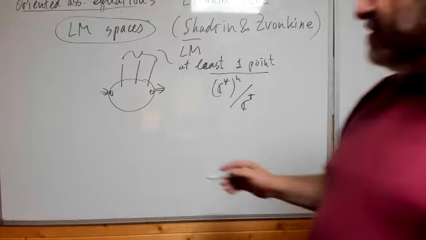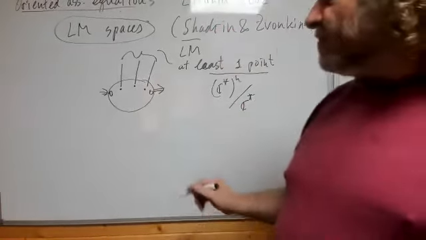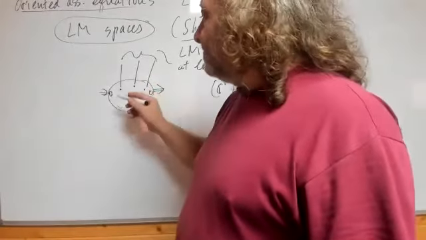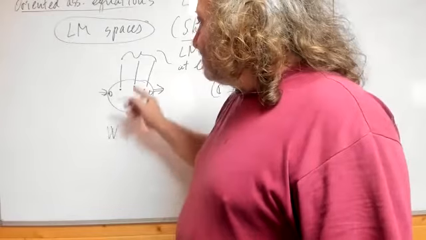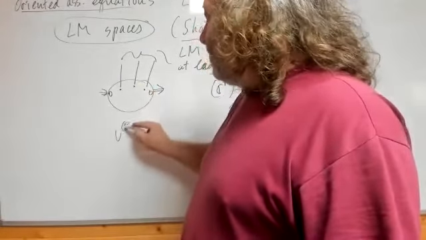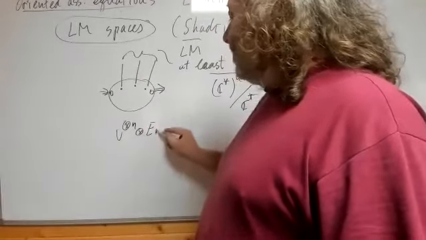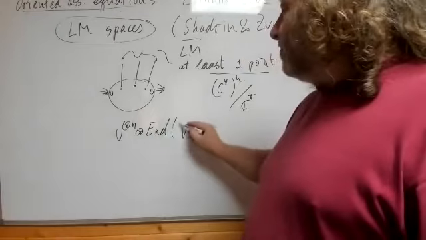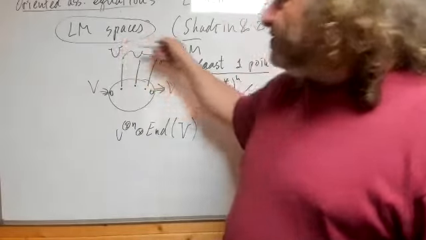And everything is the same. And we have maps, I would say, U to the power n times endomorphisms of V. So here is V, and here is U space.